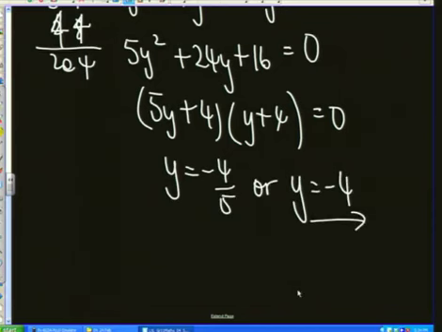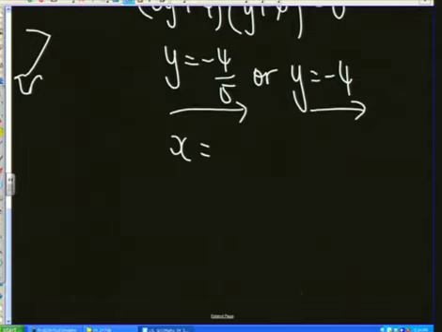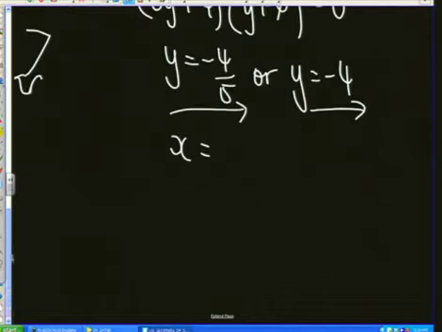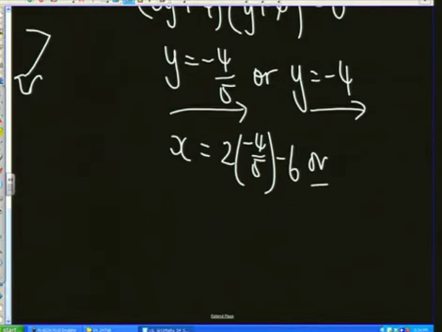How many are still with us? Grade 11s? Happy? So x is then, let's see what x was. X was 2y minus 6. So we've got a negative 8/5 minus 30.